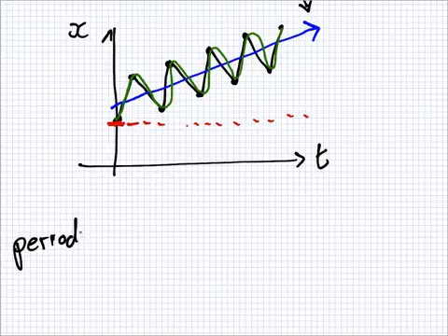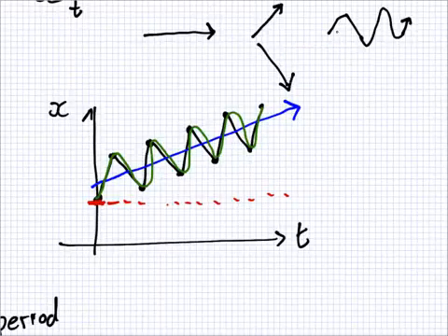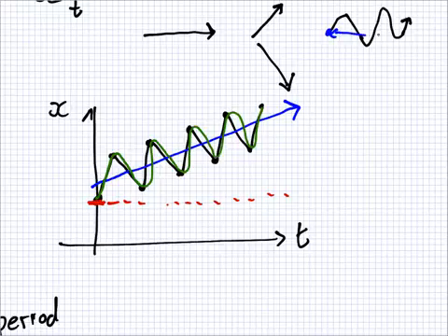So this is a word you might remember from trigonometry, period. It means how long for one cycle. So for example, if you look here, one period would be from here to here. That's one season, one cycle.